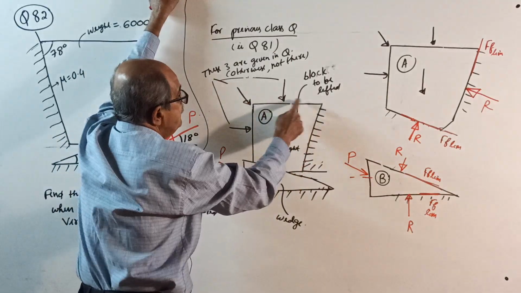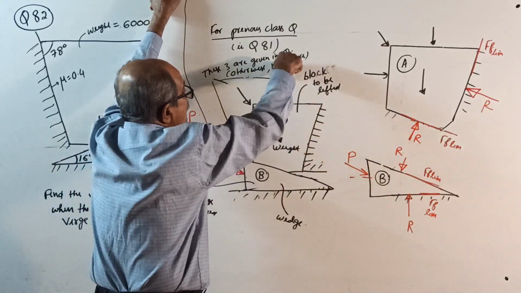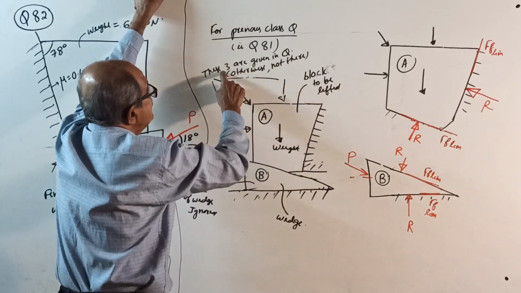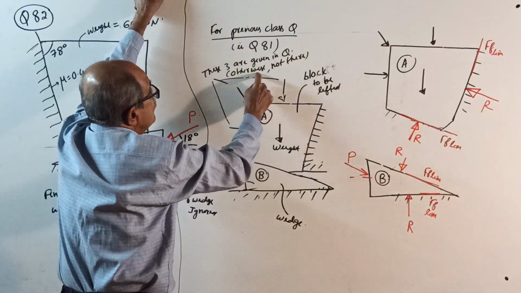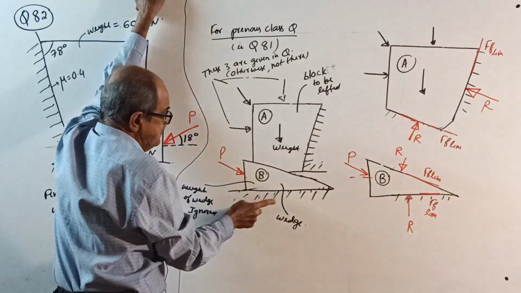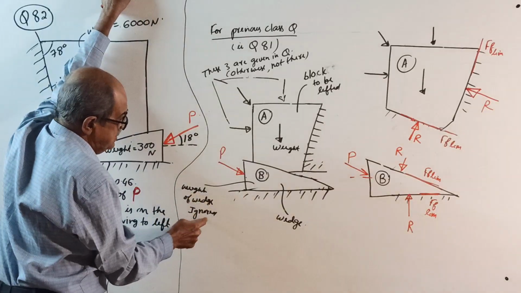This is the block to be lifted. This is the wedge. This weight is given. One load is given here, and one more force is given. Usually these three are given in the question. Otherwise they are not there. Important are this weight and this one. In this question I told you the weight of the wedge is ignored.